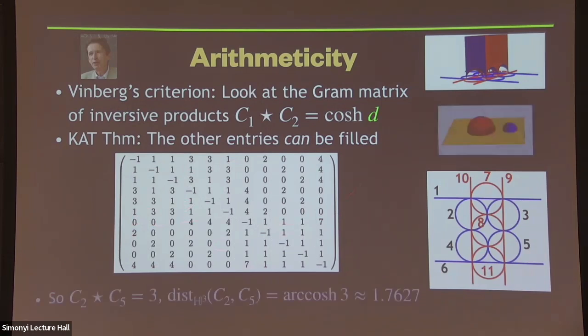It shouldn't be like this, because remember what it's measuring. The fact that 2 and 5 have an inversive product of 3 means that this circle, this geodesic hemisphere above circle 2, and circle 5 have hyperbolic distance at this transcendental number 1.762, which is the arccosh of a whole number. So it's really weird that these things are coming out to be integers, but they are.